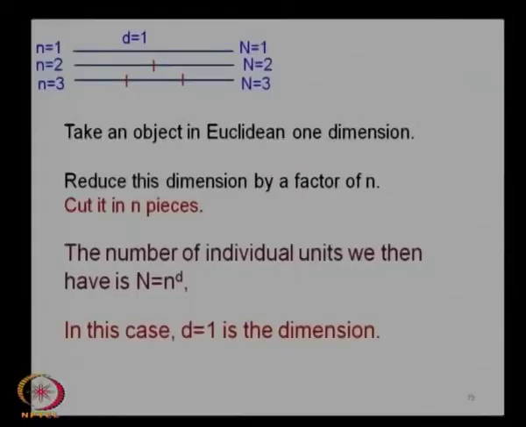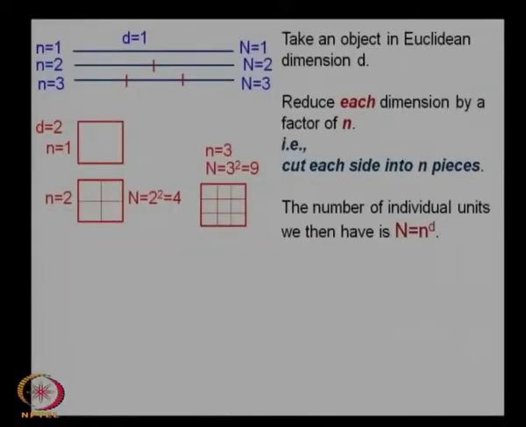Now, this will become clear when you consider a 2 dimensional object. So, let us do that. You have a 2 dimensional object, a square, and you divide each side into two parts. So, you divide this side into two parts and this side into two parts. How many pieces do you get? You get 4 pieces. You have divided each side into two parts, but the number of pieces you get is different.